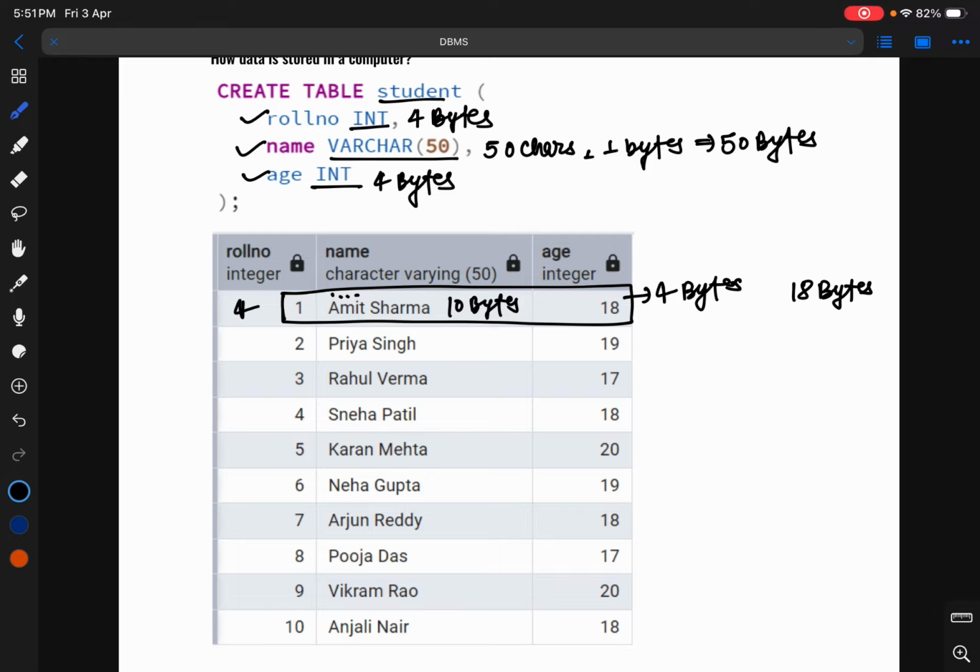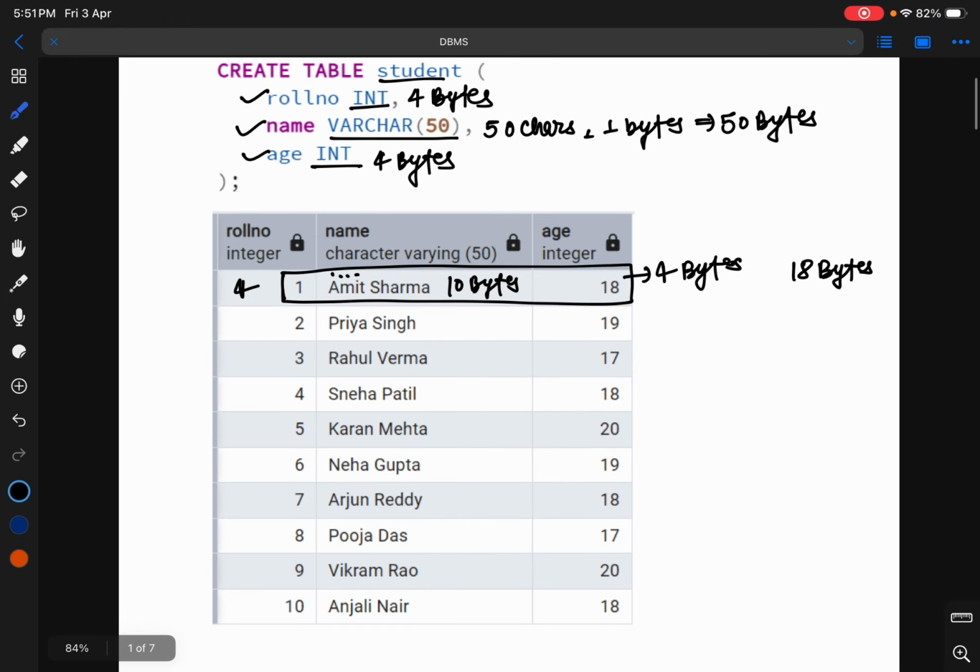And in the worst case scenario for this table we'll need 50 plus 4 plus 4, which is 58 bytes, right? So to store one row of this table we need 58 bytes of memory.